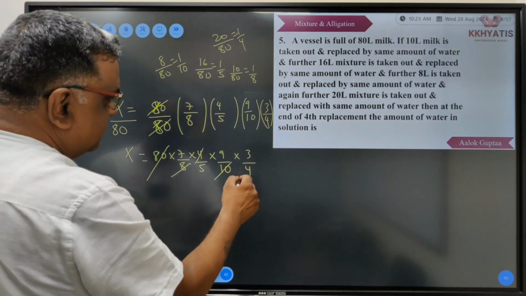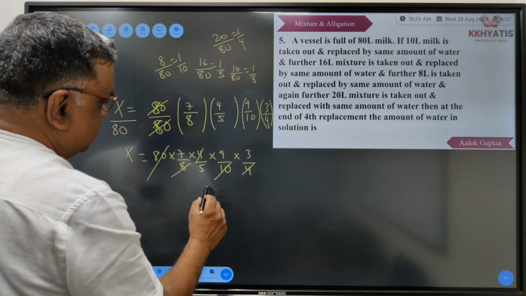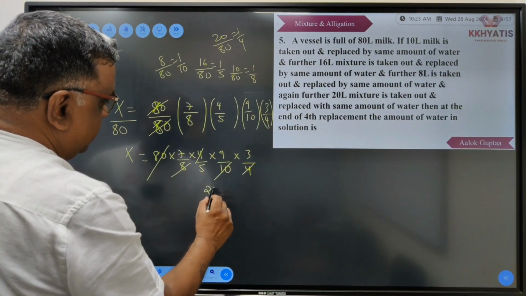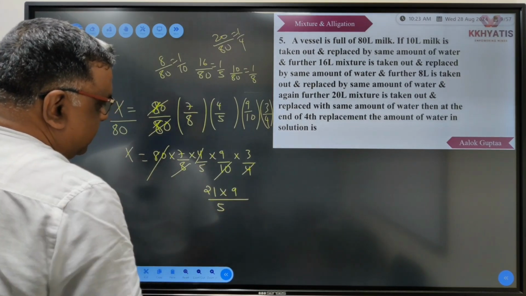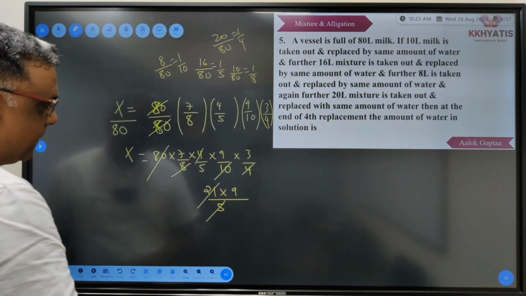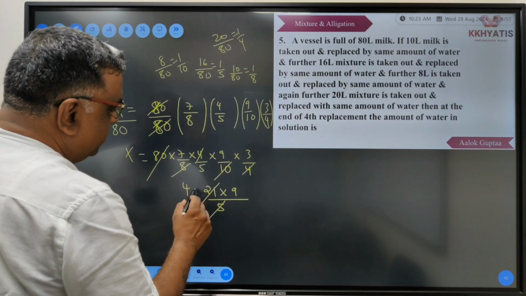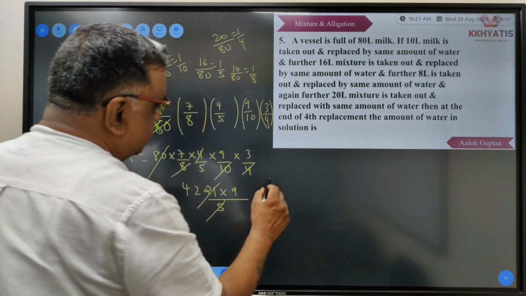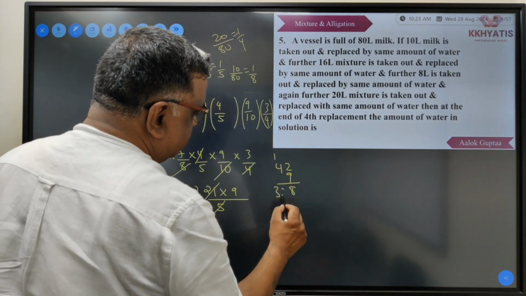This 4 will get cancelled completely with this. So finally we are getting 21 into 9 upon 5. Right? So 5 I will cancel here. 5 4s are 20. 0.1, so 4.2. So 42 into 9, 8, 1, 36, 37.8.